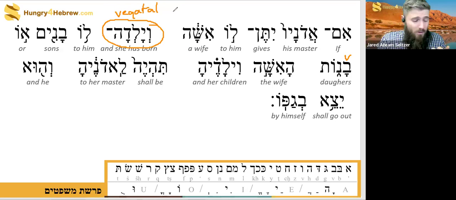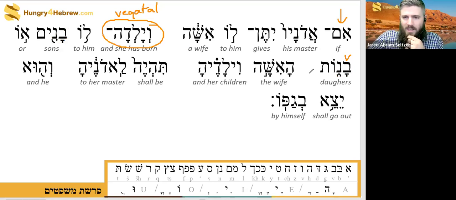Whether it's future, whether it's ongoing action, whether it's hypothetical, whether it's an iterative habitual action, all of those are possibilities. You just have to check the context to see which one makes the most sense. And here, hypothetical fits the bill because of the word im. And if she should bear to him, vanim o vanot, sons or daughters, both from the same root, ben.